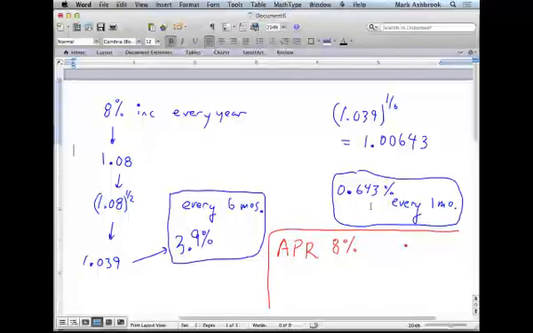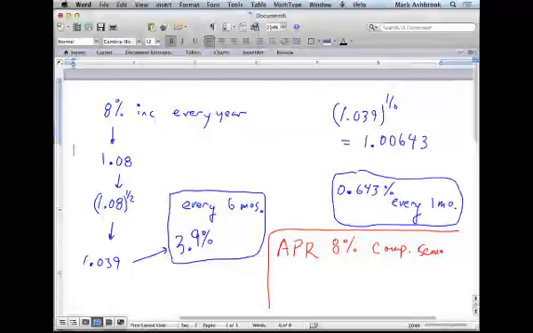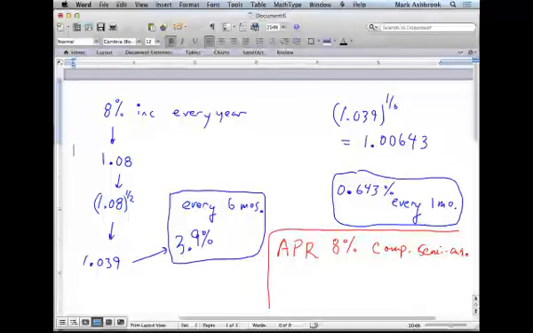With APR, you divide by 2, and that's your starting point. So with an APR of 8% compounded semi-annually, every 6 months you take the 0.08 and divide by 2, and you get 4%.